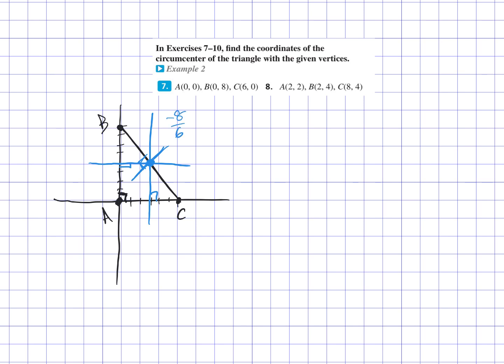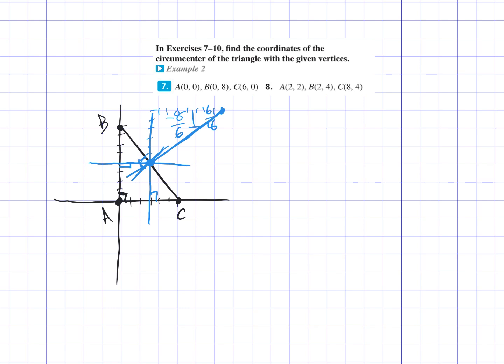So the perpendicular would be positive 6 over 8. So from that point, I can go up 6 and over 8 if I wanted to. And that would give me a straighter line that is a perpendicular bisector if I needed to.